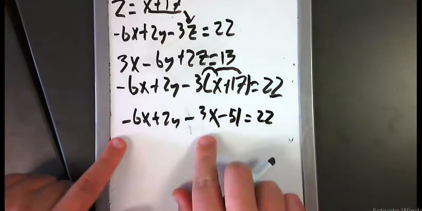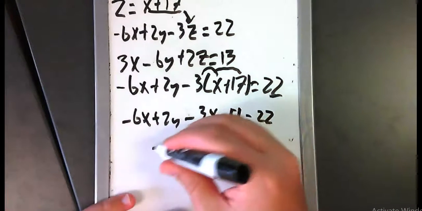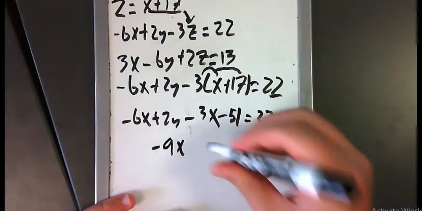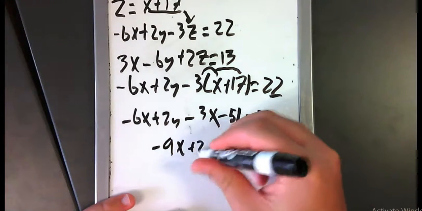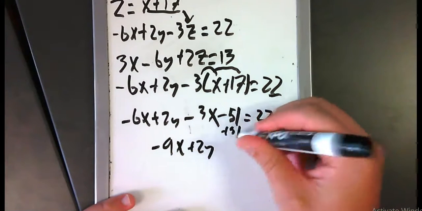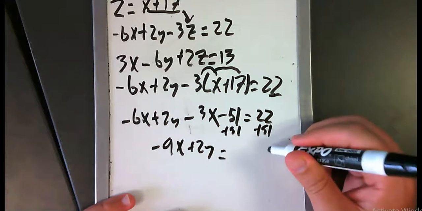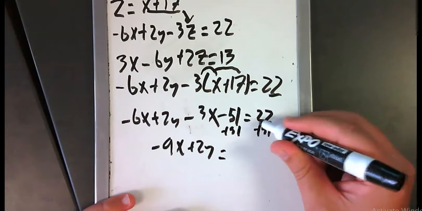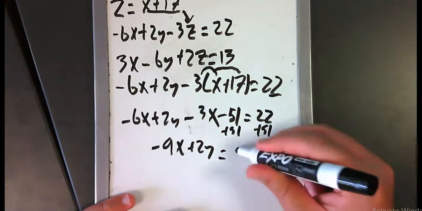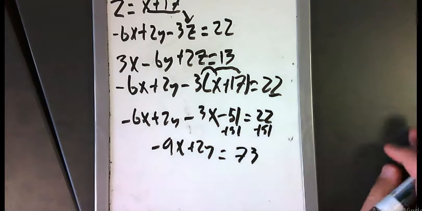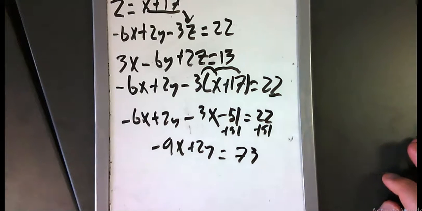From here we combine like terms. That becomes negative 9x plus 2y, and then I'm going to add 51 to both sides. 22 plus 51 is 73. All right, so that's the first one.